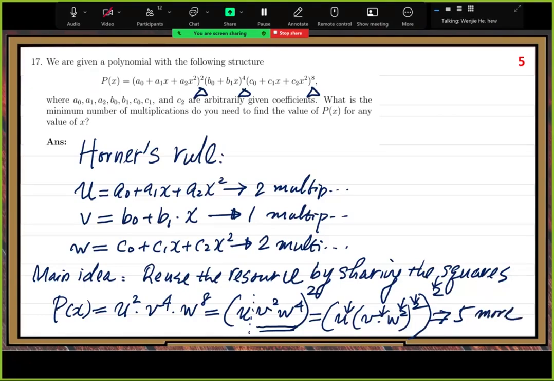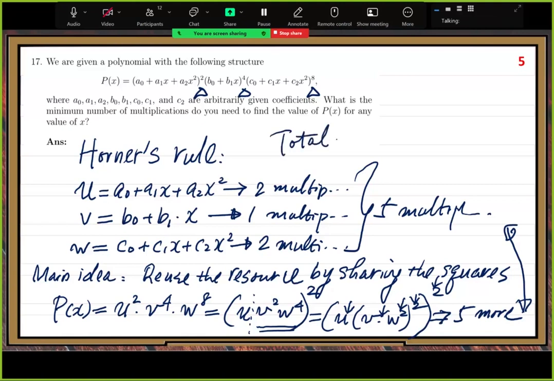The preparation part needs 5 multiplications, then the square sharing part another 5. So total 5 plus 5, 10 multiplications.